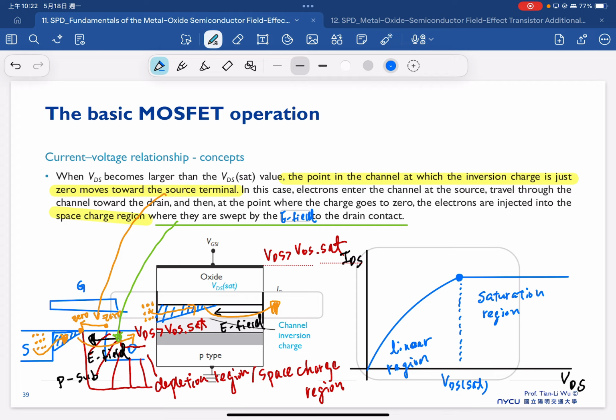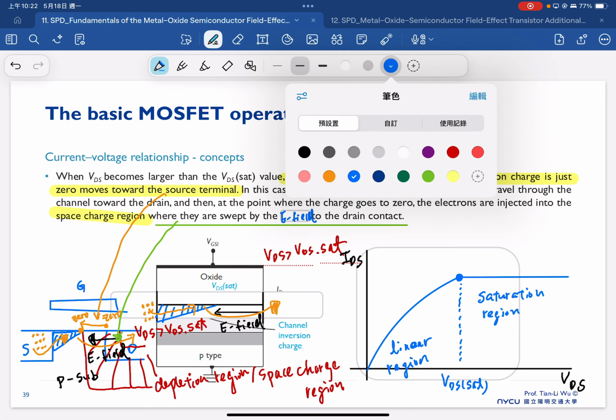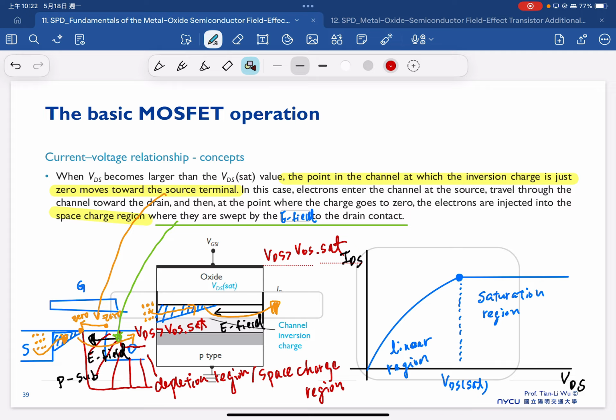So now let's recap a little bit why, from the linear to the saturation region, the current will linearly increase, the slope decreases, and it gets saturated. This is all because of our channel density: our inversion charge layer in the channel starts as a uniform distribution from source to drain, and later, as we increase the drain bias, the VGD becomes smaller. So we will start to see a non-uniform charge in the channel.